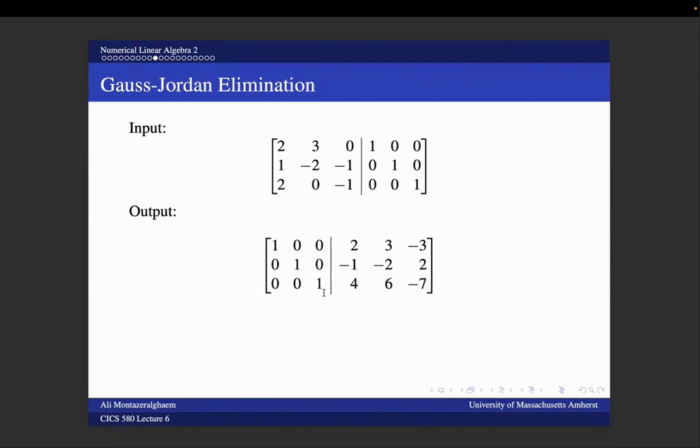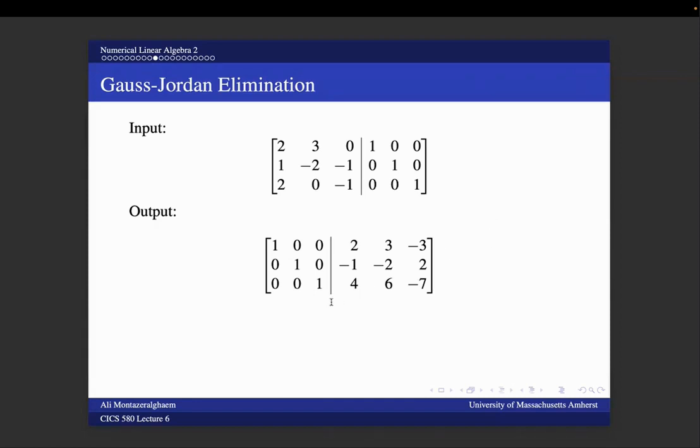It is so important to keep in mind that we need to apply some operations on the input to get the output, which looks like this, with an identity matrix on the left, and then the right side is the inverse of the matrix, right?